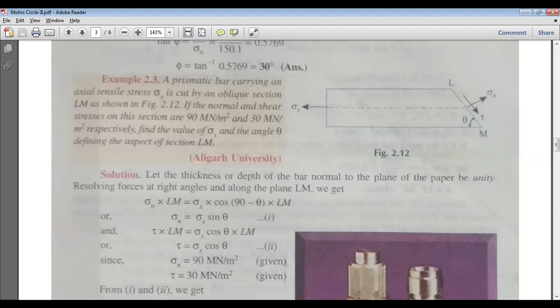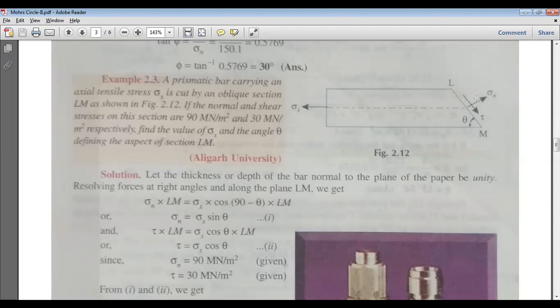So first of all, we have to balance. We are given sigma n, tau, and sigma x. Sigma x is tensile stress. We'll take this point as a reference point and resolve the stresses, and we'll multiply by the faces along which we are working. First, we'll take normal stress sigma n.